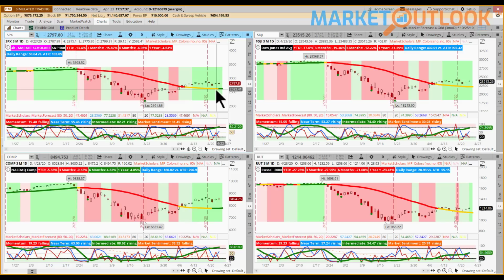So there is a little bit of a change here, and that's a positive change, at least if you want to be bullish in the markets, which I would imagine most of you are. Most people have more exposure to the stock market on the long side than the short side, just through your 401ks and different things like that. So this is a positive development that we're seeing here.